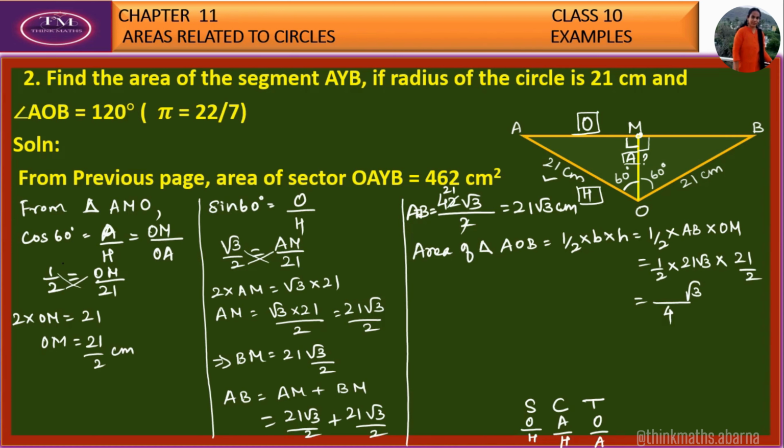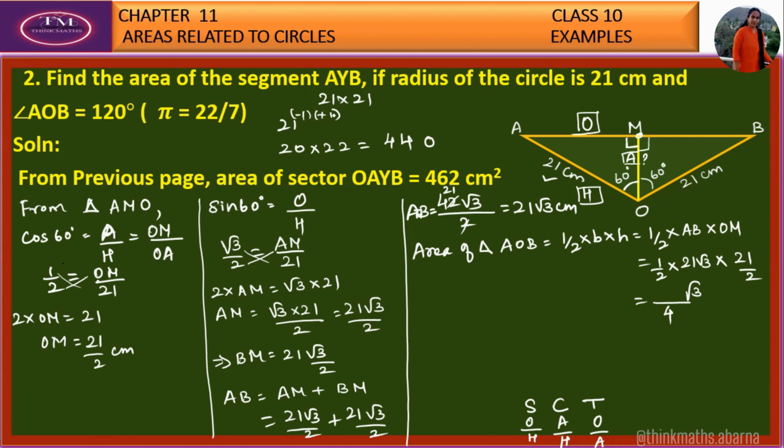21 into 21. What is 21 into 21? We can easily calculate it. If there is a square here, 21 we can reduce to the tens place by subtracting 1, and the opposite is adding 1. So 21 minus 1 is 20, and 21 plus 1 is 22. So multiply these, zeros come. 2 into 22 is 44, so 440.